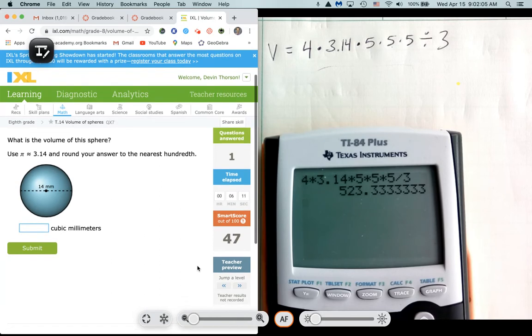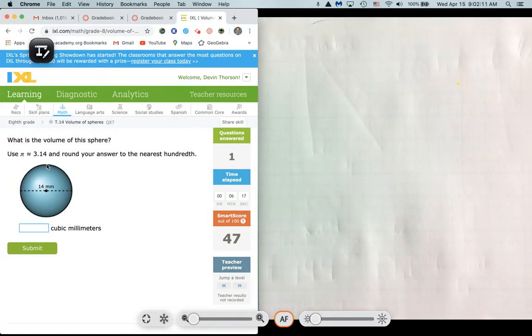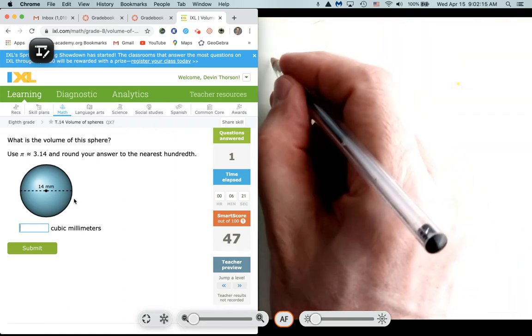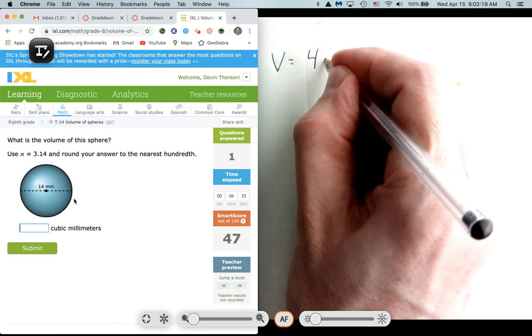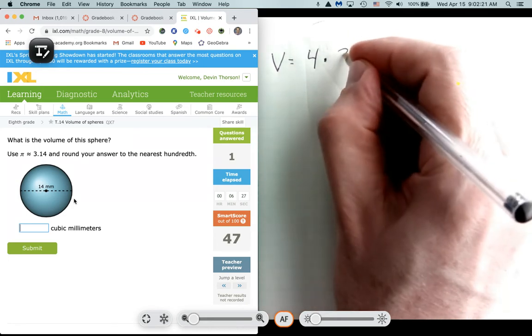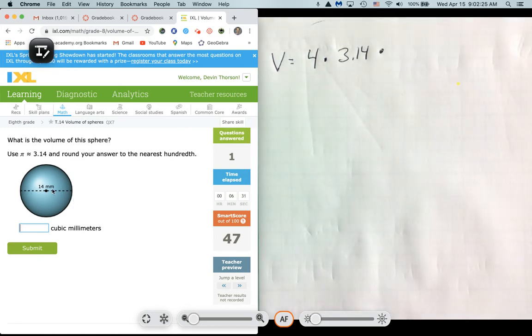Now here's another one that's very similar, but be careful that it might give you the diameter and not the radius. You always want to use the radius. So again, my volume is going to be 4 times 3.14 times, now my radius is not 14, my radius is 7.